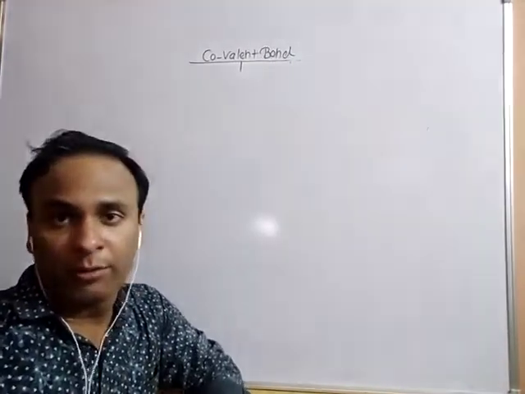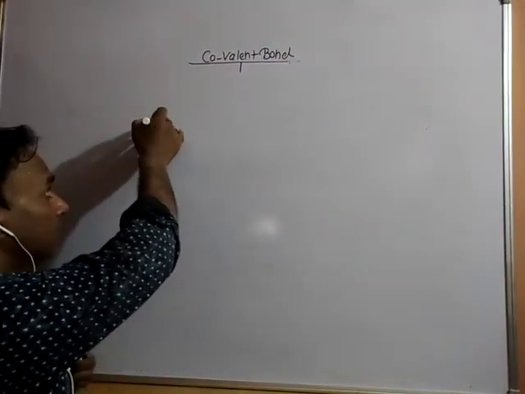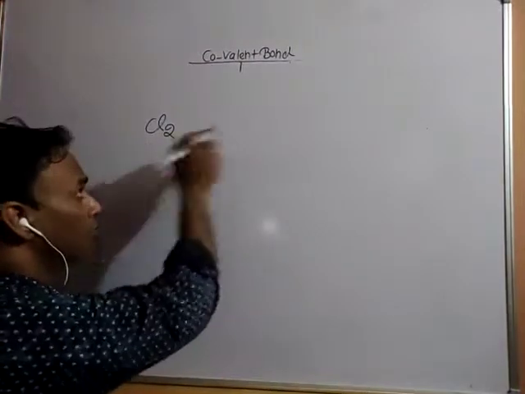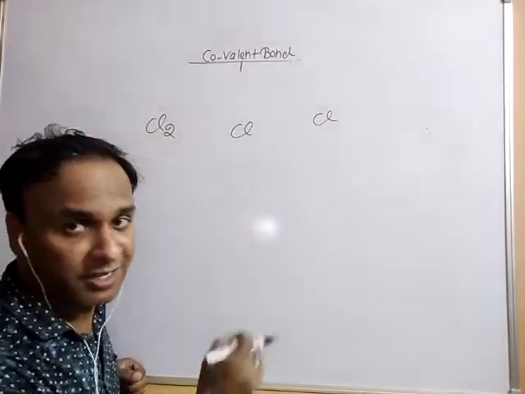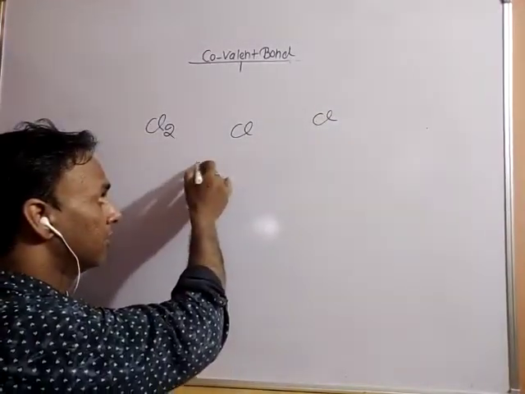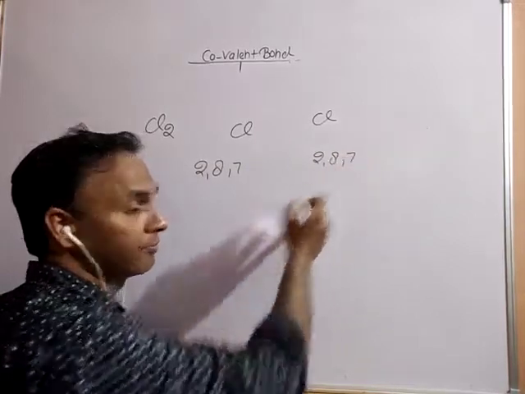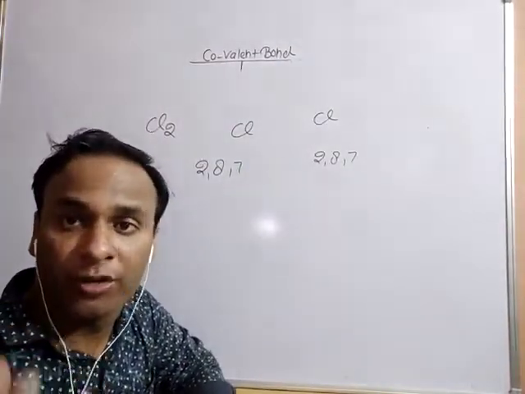Now, an example of covalent bond: the first example is chlorine. There are 2 chlorine atoms, and each chlorine atom has 7 electrons in its outermost shell. In order to get stability, 8 electrons are required.